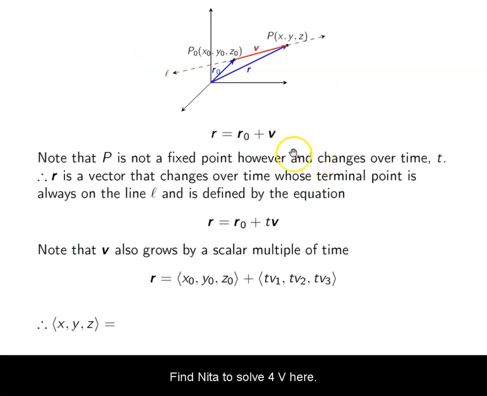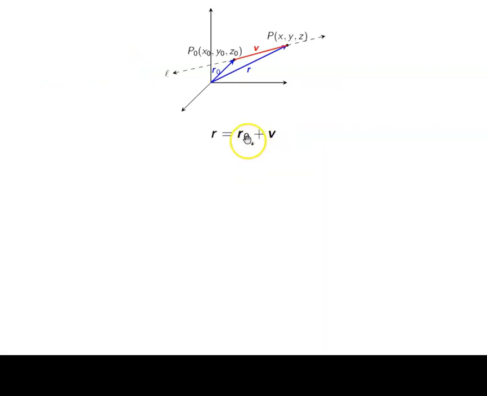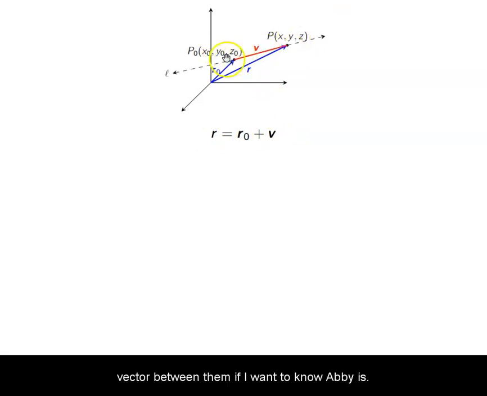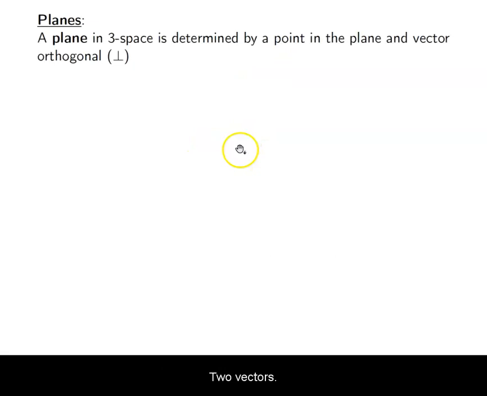So let's come back here. If I needed to solve for v here, I would subtract r naught. r minus r naught is equal to v. So same setup: I got my fixed point, I got a generalized point, v is the vector between them. If I want to know what v is, that is the difference between these two vectors.